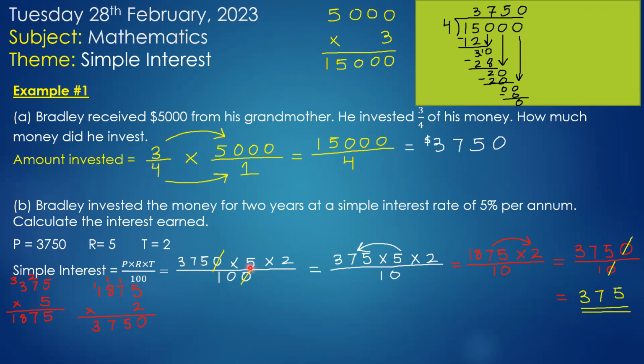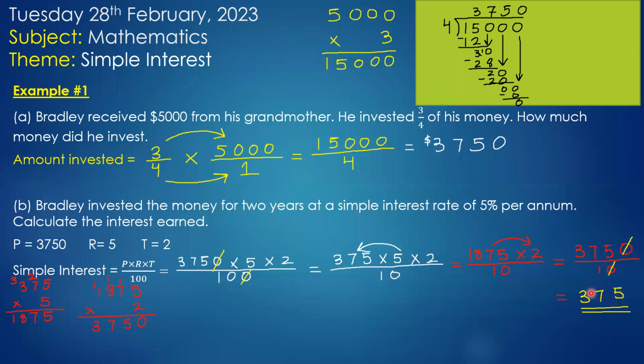Because we canceled out the 0. So now it's 375 times 5 times 2 over 10. We multiplied 375 by 5, and that gave us 1,875. Then we multiplied that by 2, and that gave us 3,750. We put that over 10 and canceled out the zeros, and that gave us 375. Good.